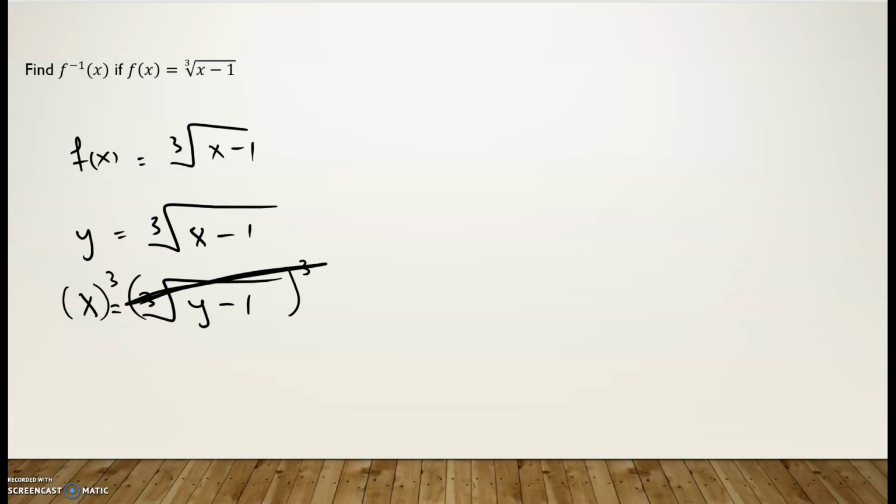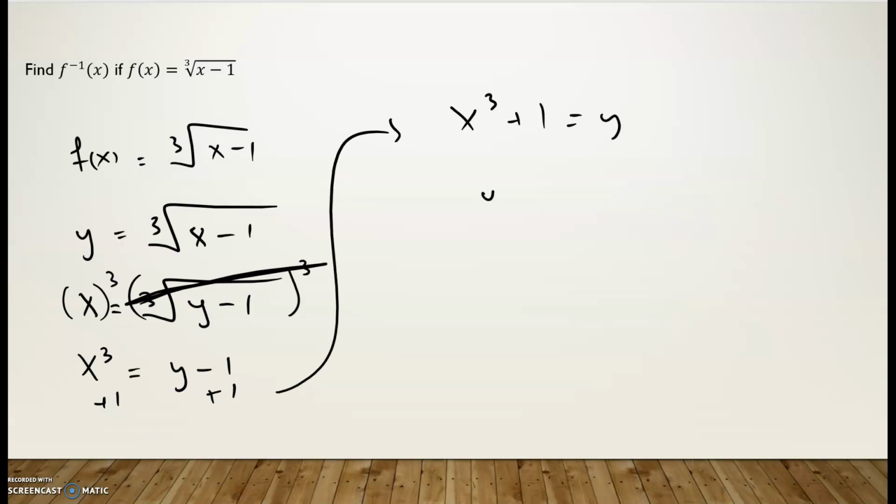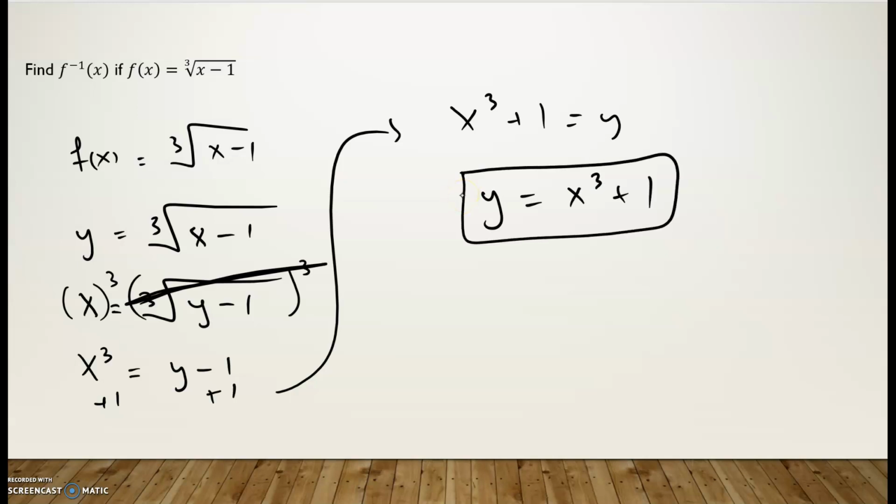These will cancel each other out, leaving what's underneath that radical. So I have x cubed is equal to y minus 1. Add the 1, so y is equal to x cubed plus 1. And that will be my inverse of this function right here.